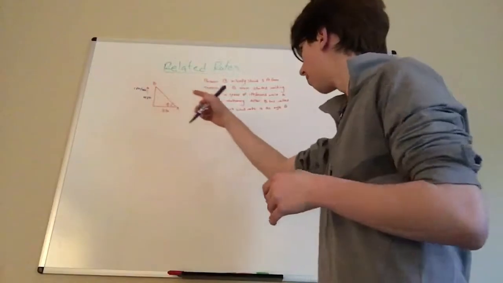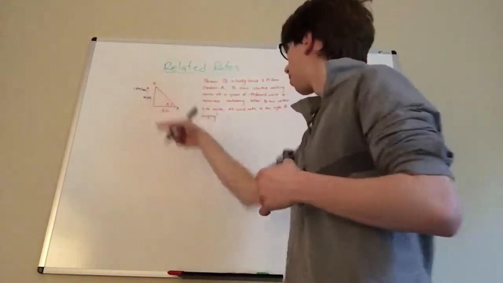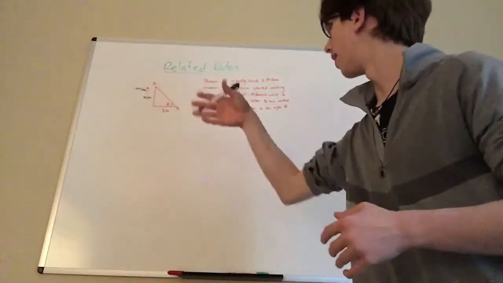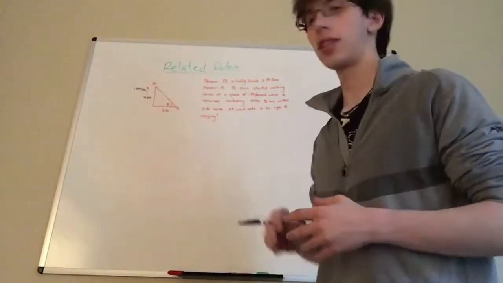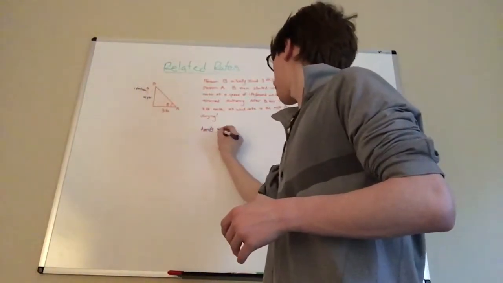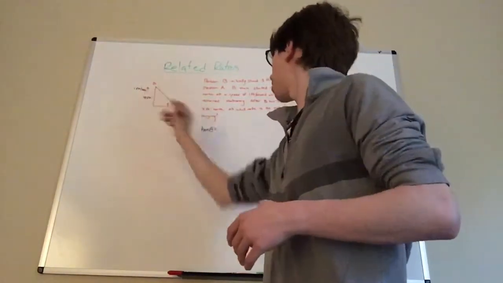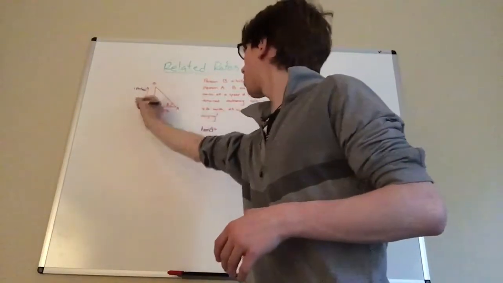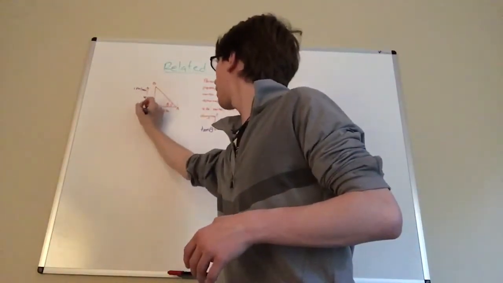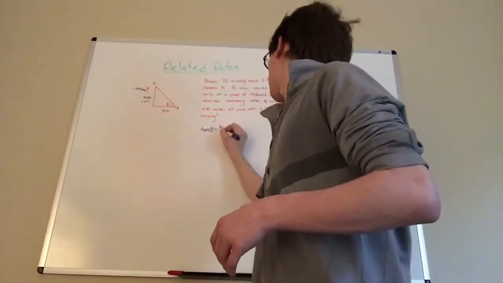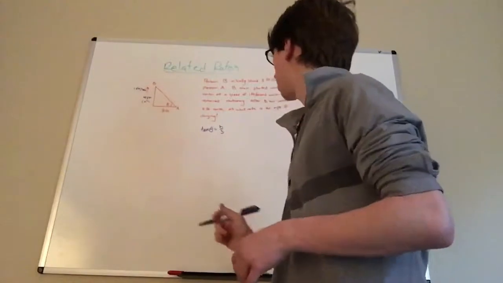So we'll start off with an equation to find the angle changing. Tangent theta is equal to, we'll call this height, h over 3, because that 3 never changes.